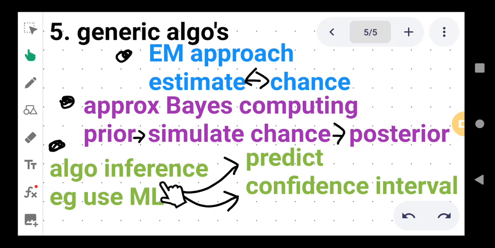First of all, machine learning, as you may or may not know, the purpose of machine learning is to make an accurate prediction.